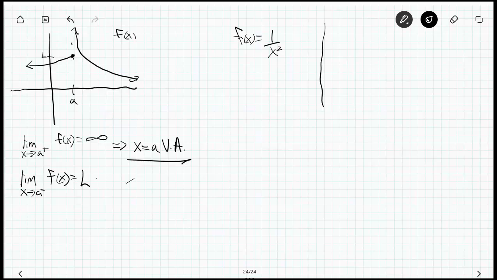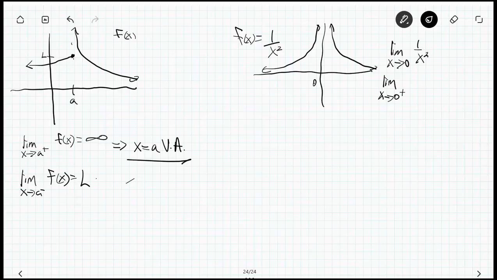If I take the limit as x approaches 0 of 1 over x squared, you are allowed to say that since the limit as x approaches 0 from the right of 1 over x squared equals the limit as x approaches 0 from the left of 1 over x squared equals positive infinity, that implies x equals 0 is a vertical asymptote.